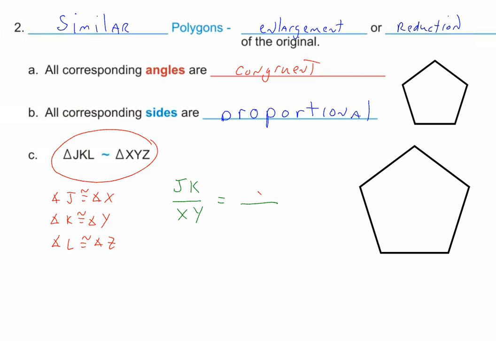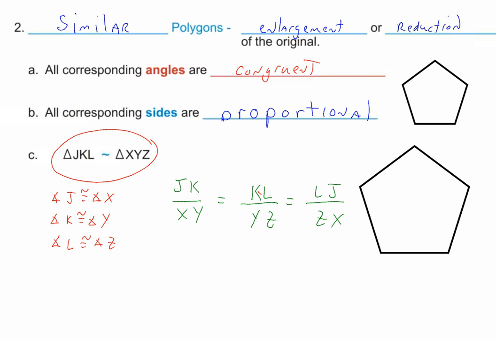The next one, I'll go KL. The distance from K to L is proportional to the distance of what? YZ. And the thing about this, because there's three sides, we get three fractions. And the last fraction is LJ over ZX.